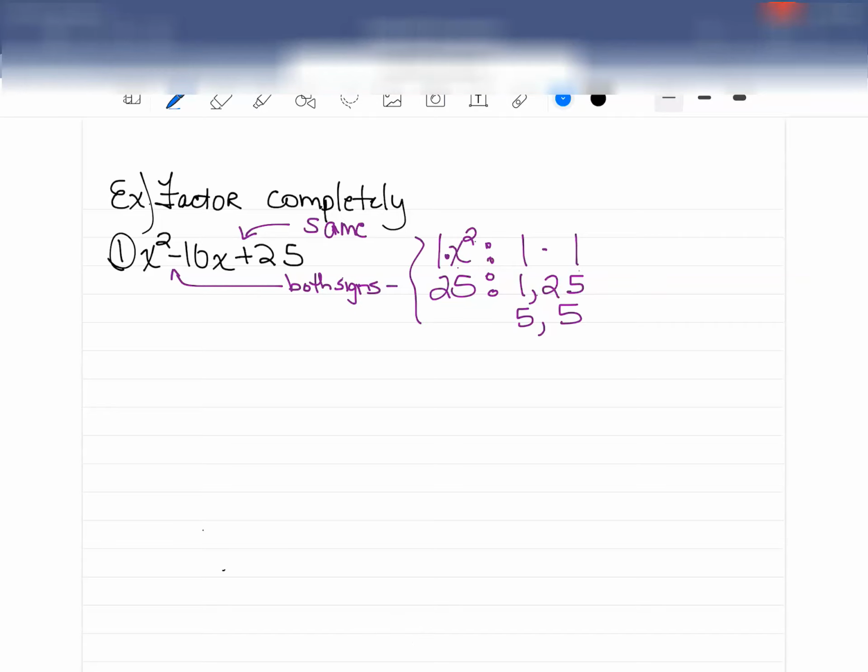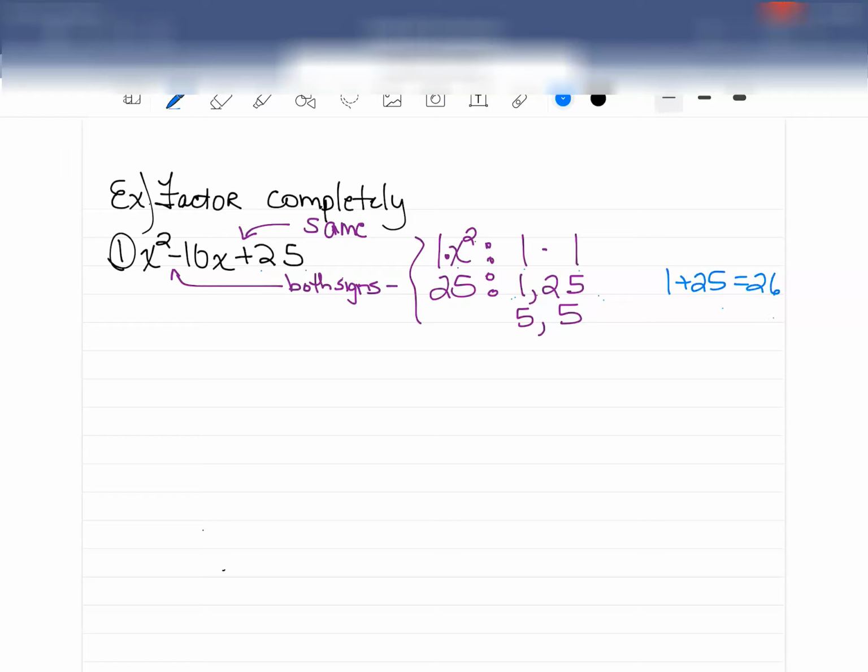I'm not going to have a whole lot to worry about with the front parentheses because it's a 1 for the number, so it's not going to change anything when I go to multiply things out. Where I'm going to pay attention is the factors for the third term. If I take a 1 and add a 25, that's going to give me 26.